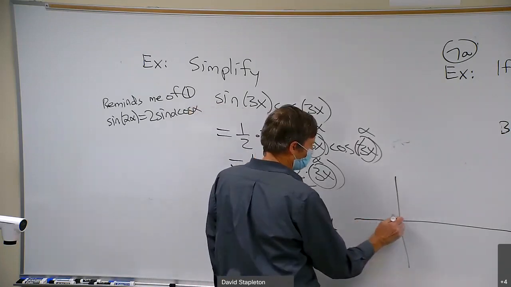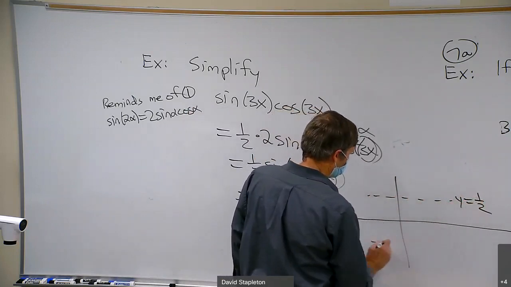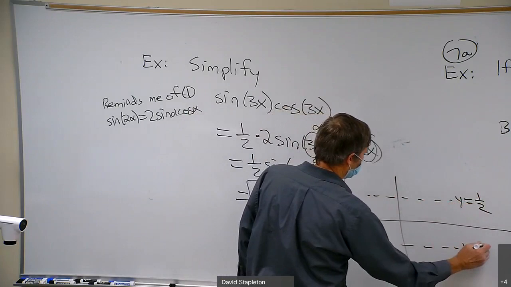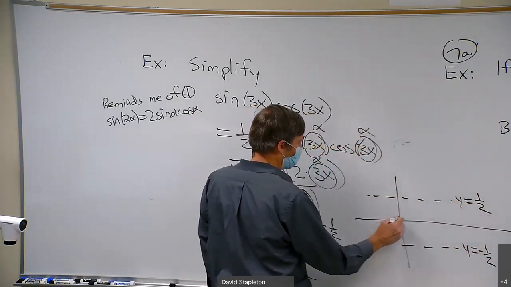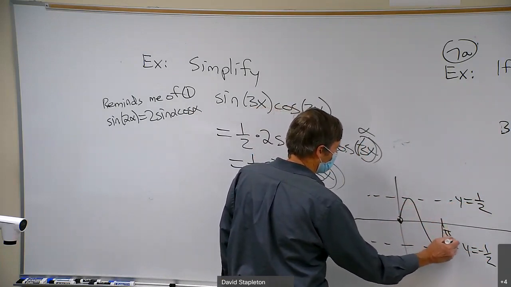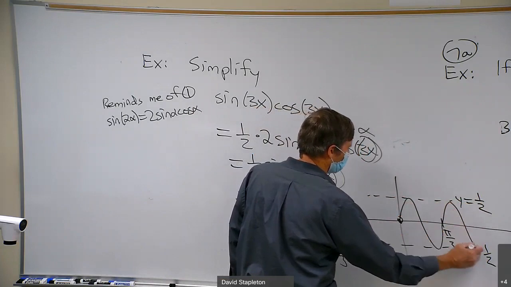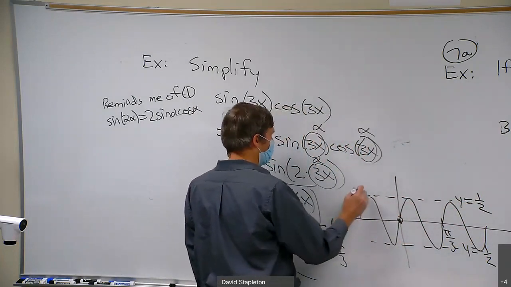It goes up and down between y equals plus and minus 1/2, starting at the origin because it's unshifted, with period pi over 3. So it goes like this and this and this and returns at pi over 3. And then it, of course, continues on forever. But there's the graph of this thing.